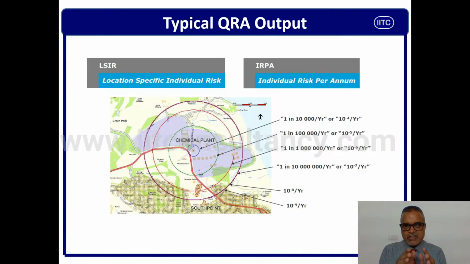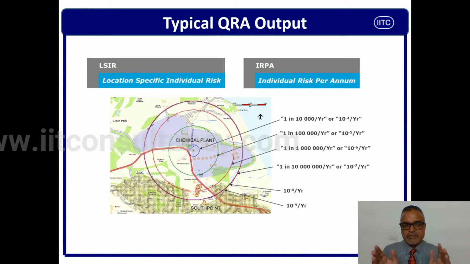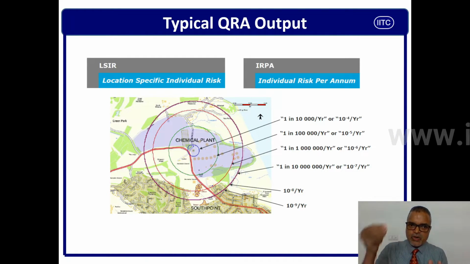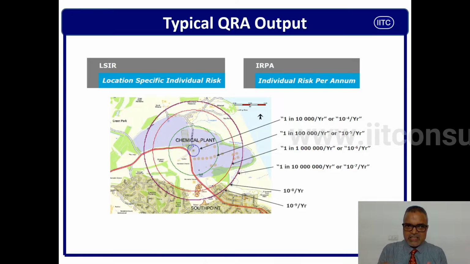We will see in the detailed QRA training program the actual meaning of location specific risk. In other terms, the risk of that particular location is known as location specific individual risk.